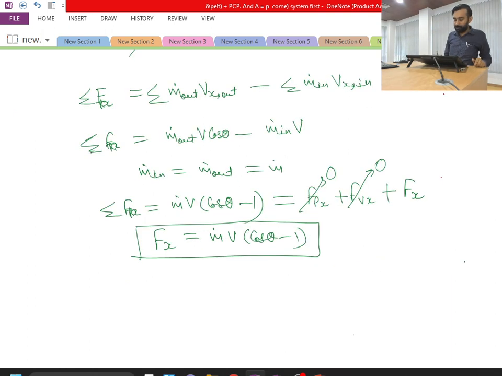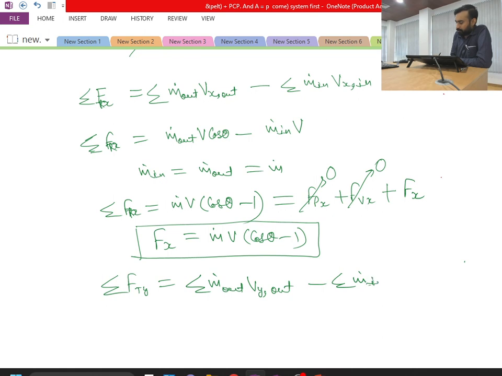Okay. What about y force? So total forces in y direction will be equal to m dot out into vy out minus m dot in into vy in.